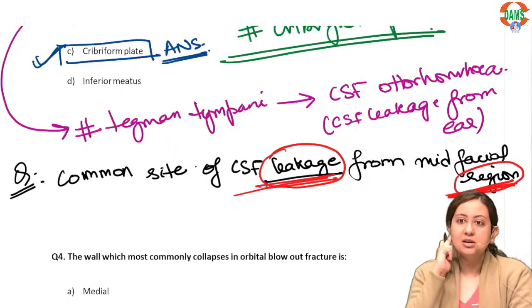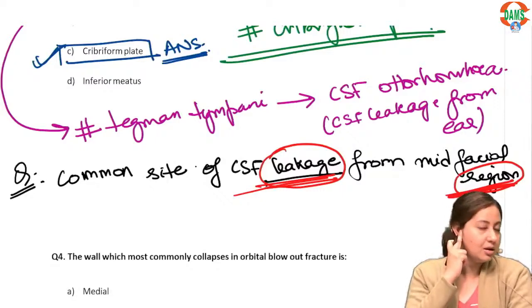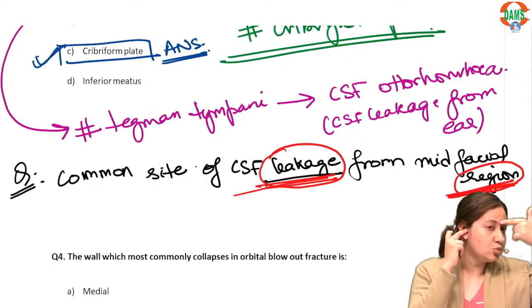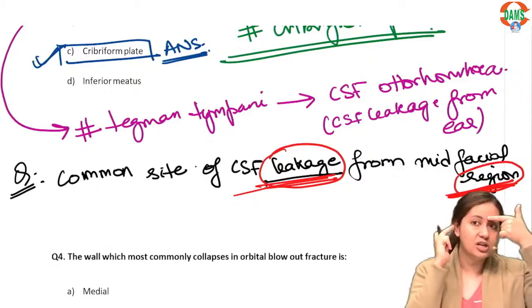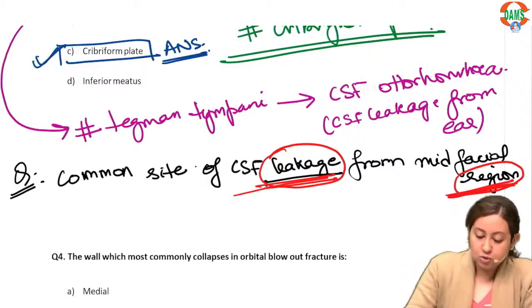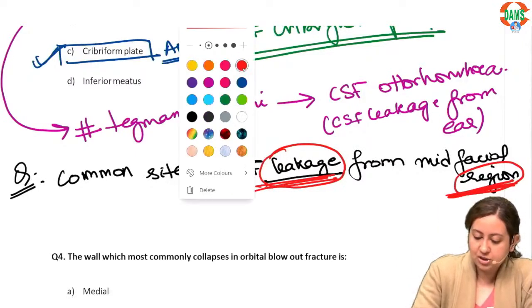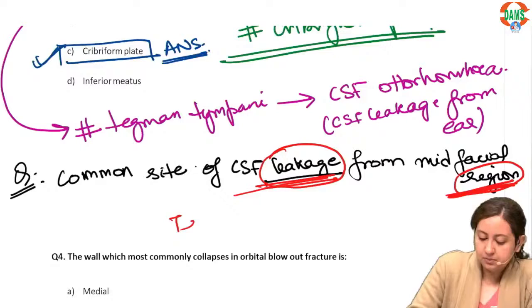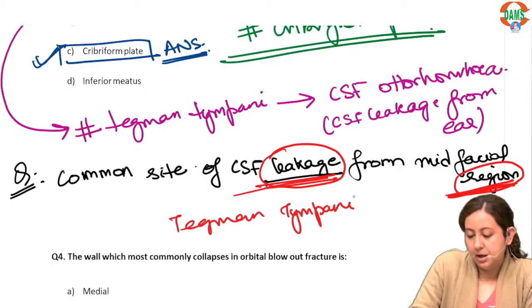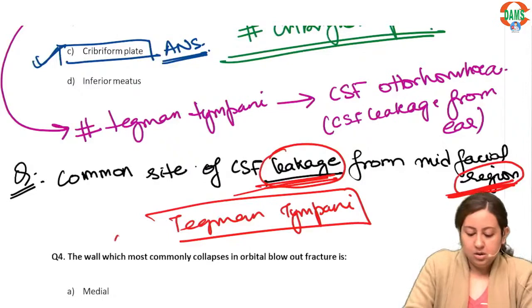If you have to decide between these two structures, what is present in the midfacial region, then tegmen tympani is present in the midfacial region. So the answer to this question will become tegmen tympani.